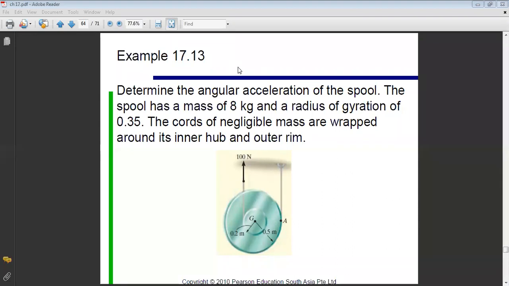First, what we want to find here is the angular acceleration of the spool. So my first unknown here is alpha. I don't know alpha first. What are my other unknowns?